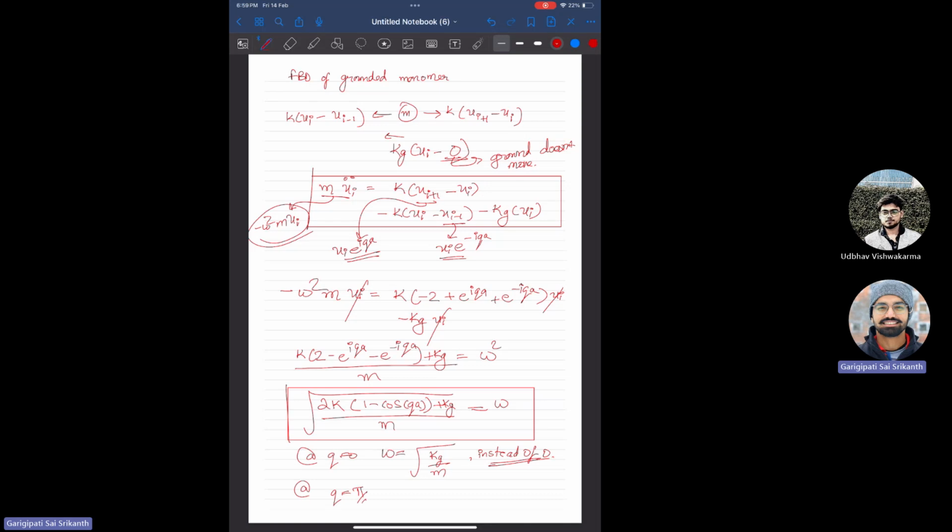At q equal to pi by a, essentially, you'll see that omega will be under root of 4K plus Kg by m.